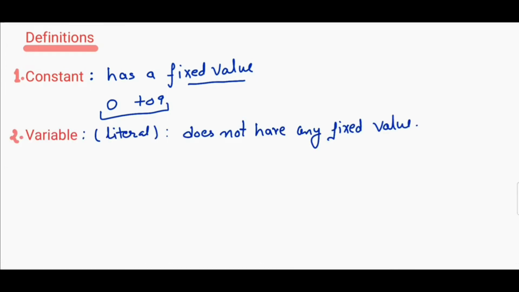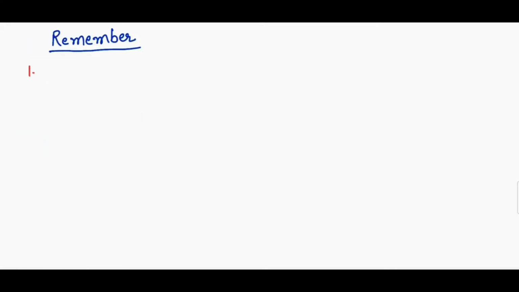Next is variable. A variable does not have any fixed value, and a variable is also known as a literal. And in algebra we represent our variables with English alphabets like A, B, C, D, X, Y, Z. All these are variables.